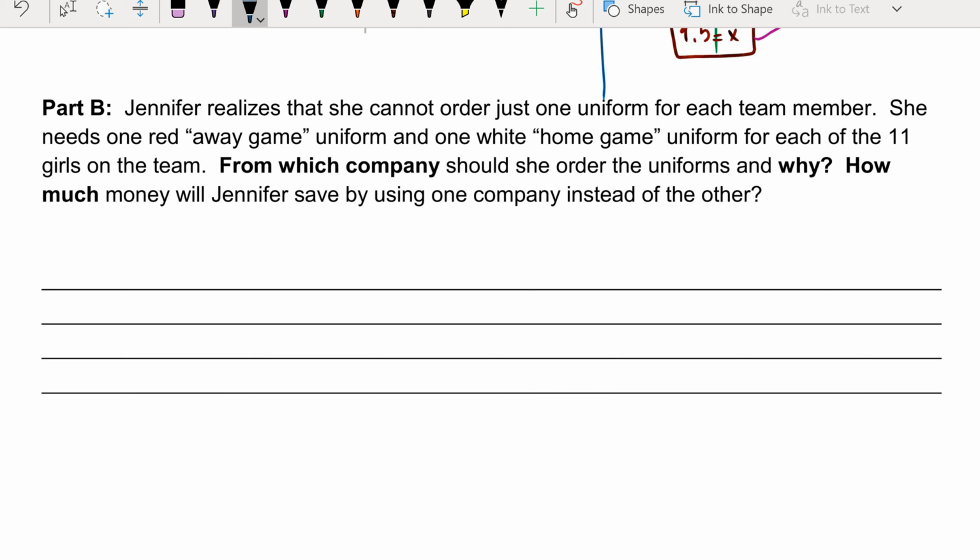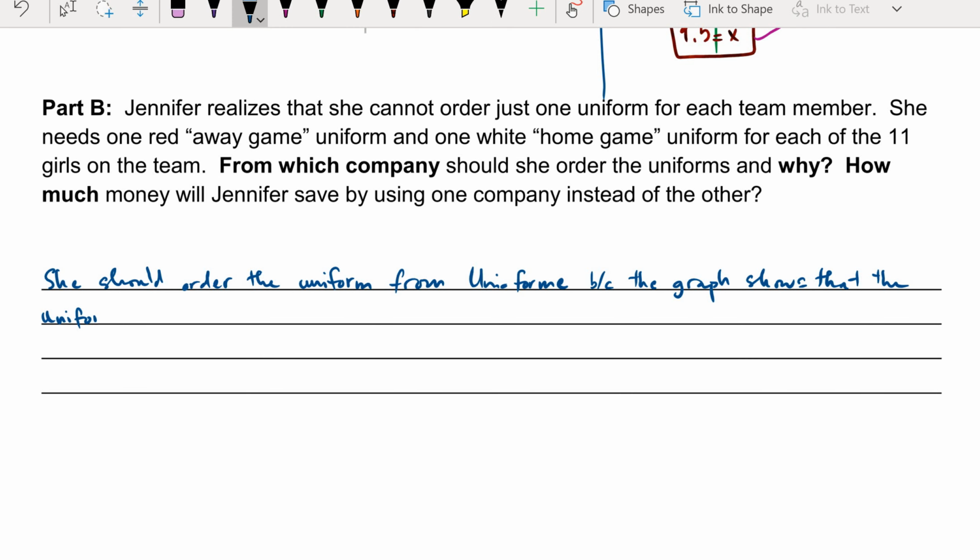So for the answer, I would say that she should order the uniform from Unique for Me, because the graph shows that Unique for Me charges less than Sport Shopee.